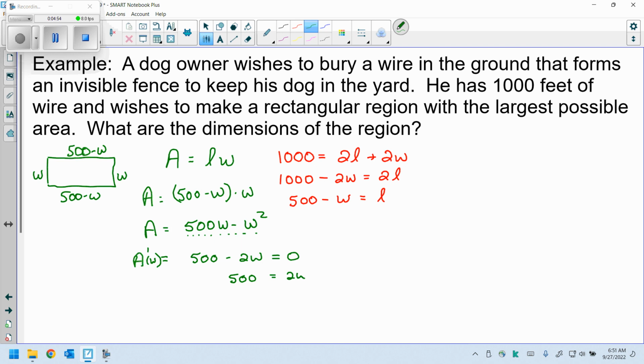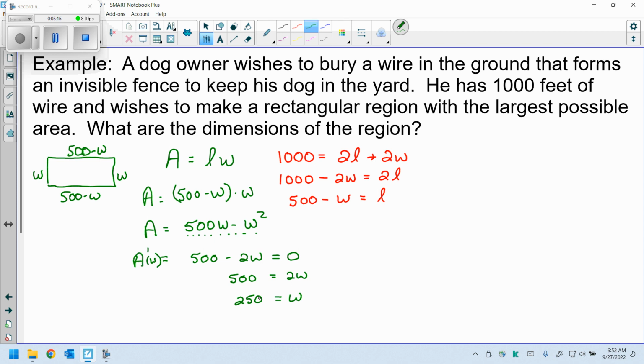When the derivative is 0, we've got our critical number, which is why we did that. So W is going to have to be 250. Now, that's the only critical number I get, is that W is 250. So I'm assuming that that is my maximum.